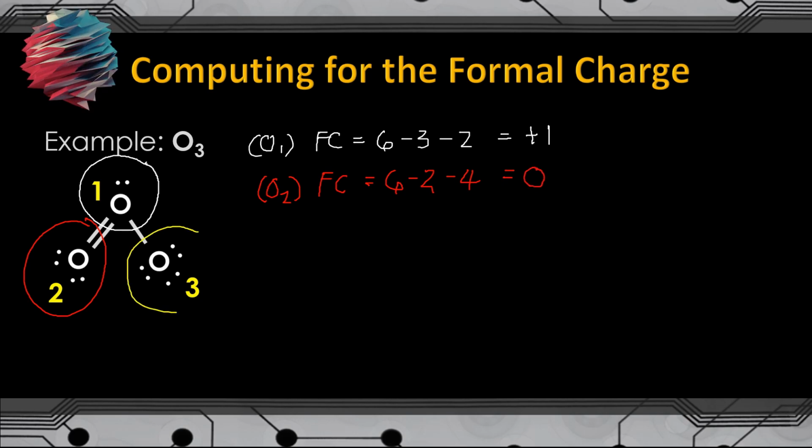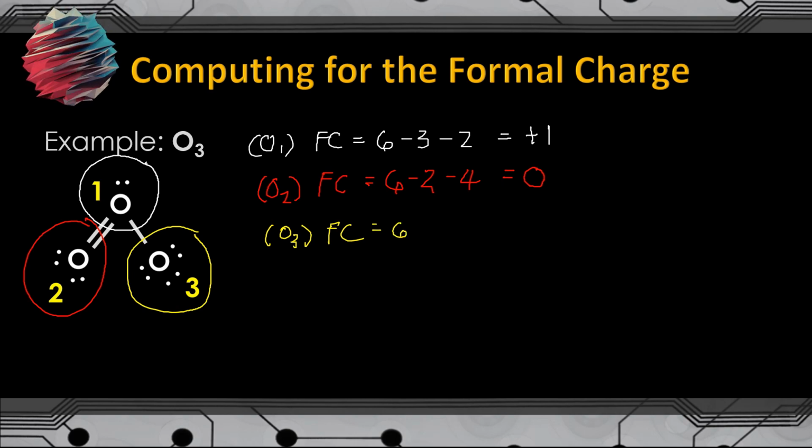And for our oxygen 3, the formal charge is equal to the valence electrons, which is 6, minus the 1 bonding pair, and of course minus the 6 non-bonding electrons. So 6 minus 1 minus 6 is equal to negative 1.